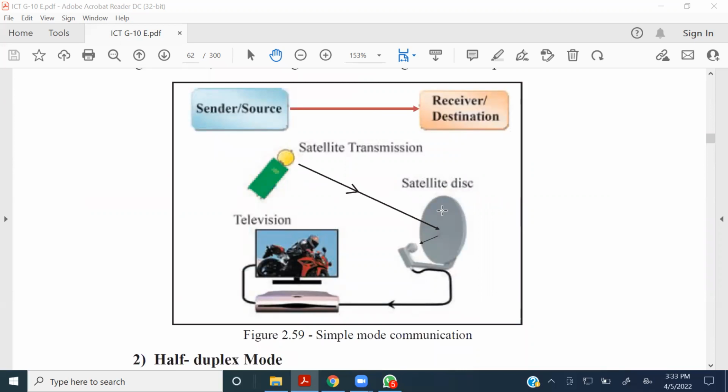The broadcasting station is just broadcasting their program, so we can watch it through our television. We won't be able to communicate with the broadcasting station through our television, right? Due to that, we can take that as a communication which happens in one particular direction. So it's a simplex mode, all right?